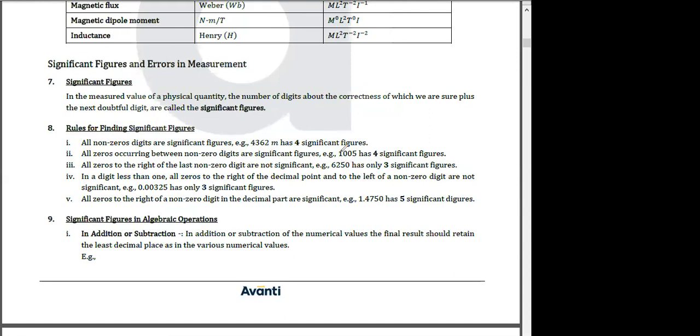Now, if there are zeros in between the non-zero numbers, it is still the same, still 4. But if it were 1500, how many non-zero digits do we have here? 2, correct.